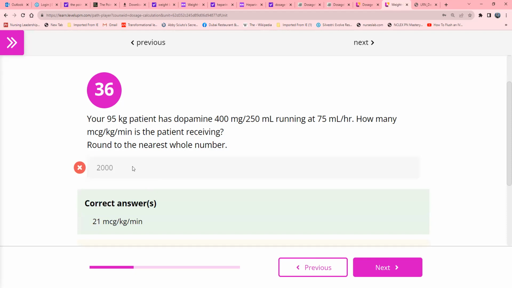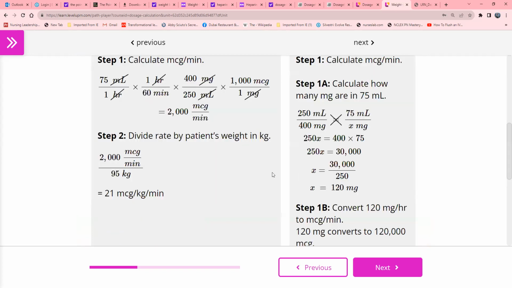Okay, I got to figure out what I did wrong here, so I'm trying to figure this one out. We're gonna look at this one to see what they did.